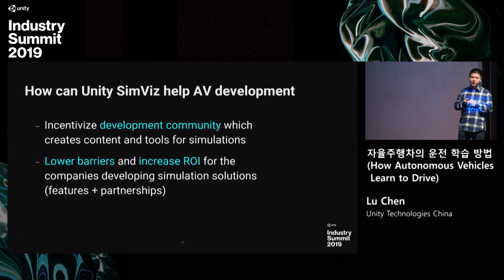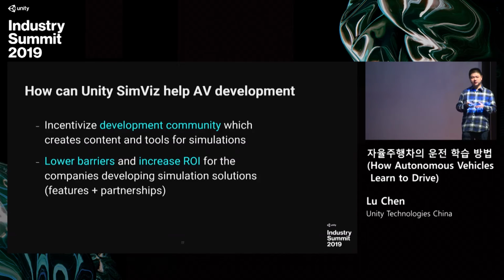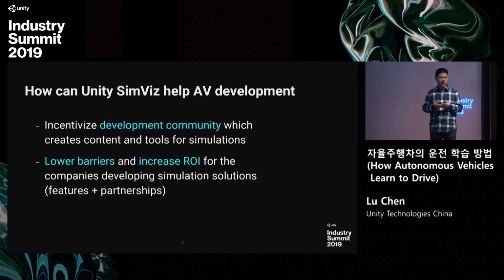So, how can Unity SimViz help autonomous vehicle development? The purpose is that we want to encourage more and more companies and developers to join this simulation development. And we also want to lower the barrier and increase the ROI for companies, to help them build simulation in a much easier and more efficient way.